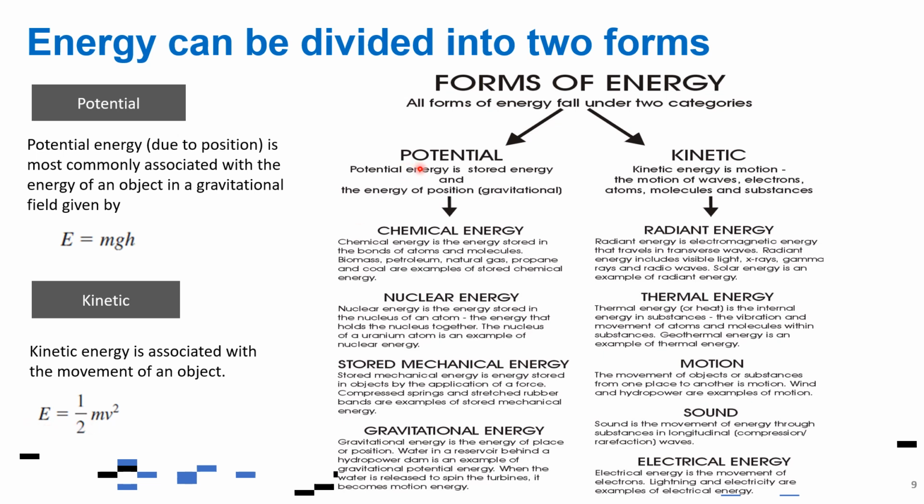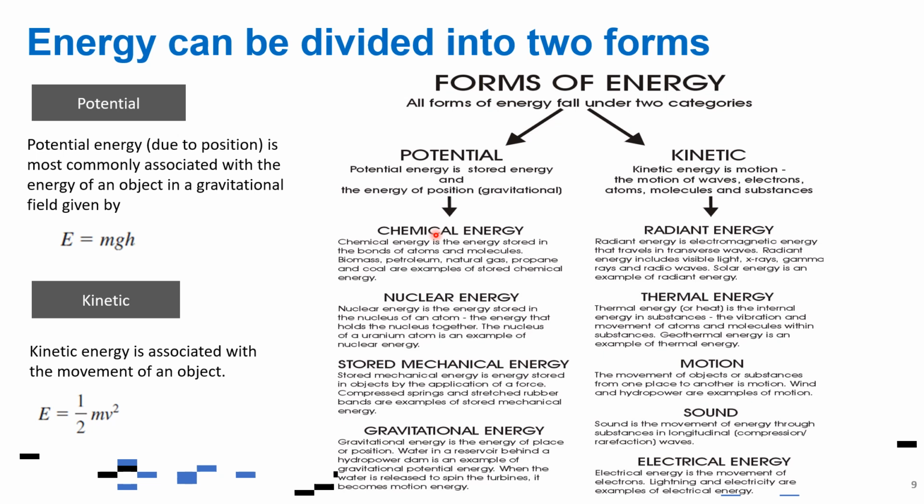These forms of energy can be further subdivided into other forms of energy. Potential energy is a stored energy. As I mentioned before, it's based on position or gravity. And there are a number of kinds of potential energy. One is chemical energy.